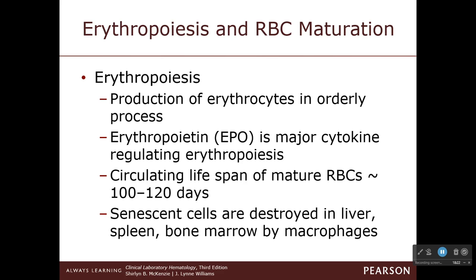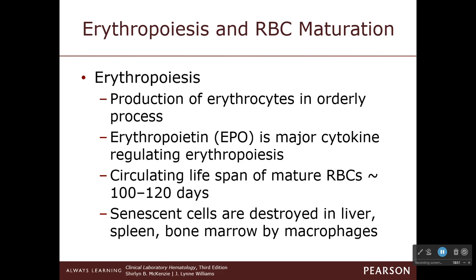Does that make sense? Because these two basically form based off of EPO levels. So if a patient has really bad anemia, a low red blood cell count, or trauma where they're losing blood all of a sudden, their body is going to stimulate their kidneys to produce more EPO, erythropoietin.